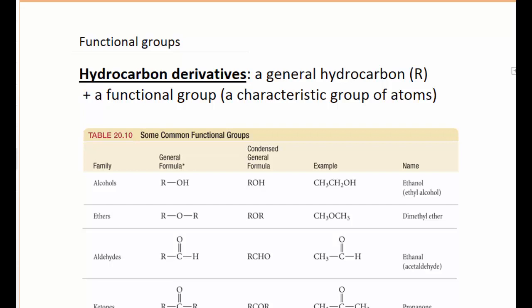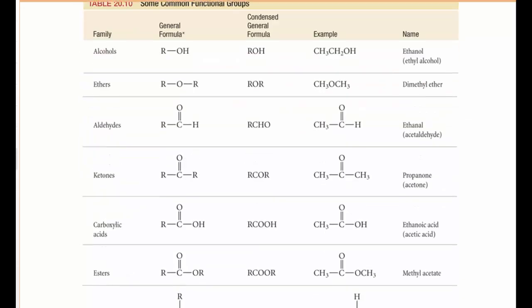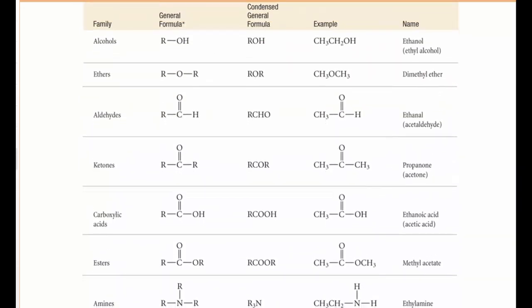And then a functional group is just a characteristic group of atoms, a certain pattern of atoms that makes a class of compound. These are the simplest of the functional groups. We're going to go through each of these and learn a little bit about each of them, how we name them.